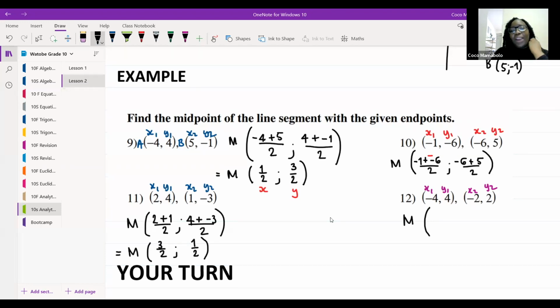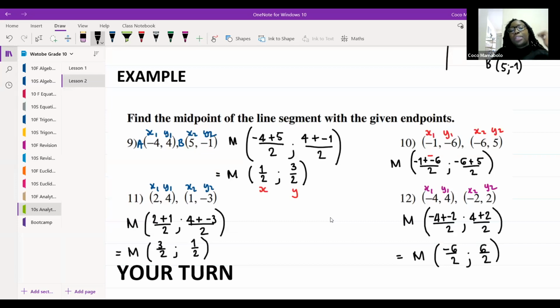Okay. All right, I'm going to go for the answer because it looks like everybody's done. Ogusha's already got my answers for me as well. Okay, -4 plus -2 over 2, semicolon. That's my x values, my y values. 4 plus 2 over 2, close brackets, is equal to, the midpoint would be -4 plus -2 will give us -6 over 2, semicolon. 4 plus 2 is 6 over 2.